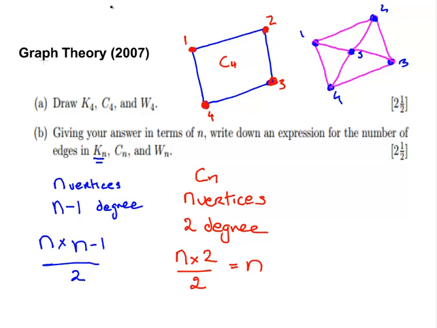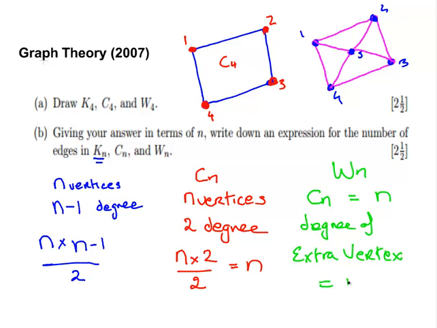Okay, and for Wn, let's do this one in green. We have two parts to it here. We have Cn, which will have n vertices, and then you have another vertex, the extra vertex, and it's connected to the original ones. So the extra vertex also has degree n.